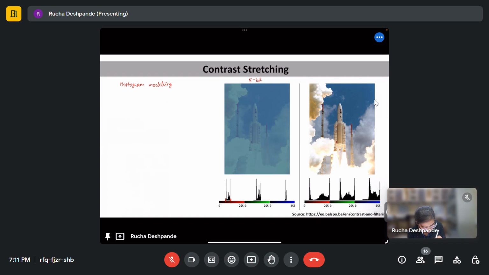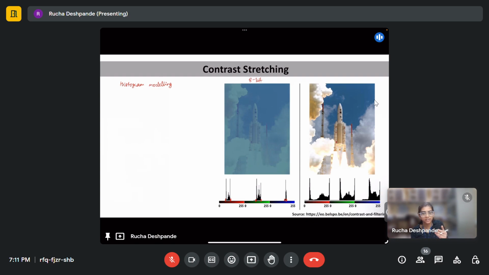Green pixels are restricted to this range, and for blue pixels it's a very small range. So these values occupy a very small range out of all available values, and because of that the contrast in this image is very low.